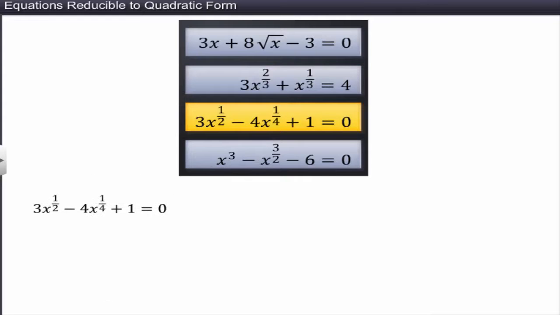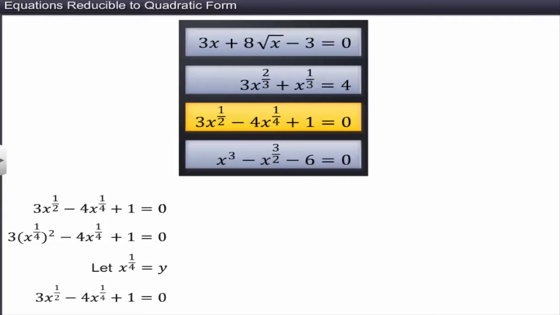Now, consider the third one. Here, 3 into x raised to the power 1 upon 2 can be written as 3 into x raised to the power 1 by 4 whole square. To reduce it into a quadratic equation, we substitute x raised to the power 1 by 4 as y. Using this substitution, the given equation can be written as 3y squared minus 4y plus 1 is equal to 0, which is a quadratic equation.